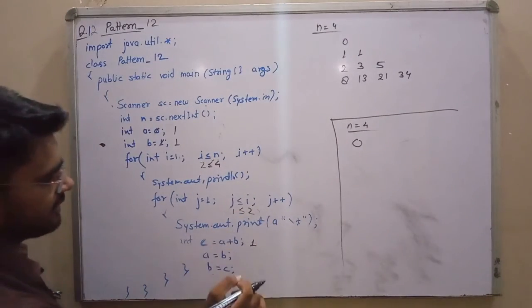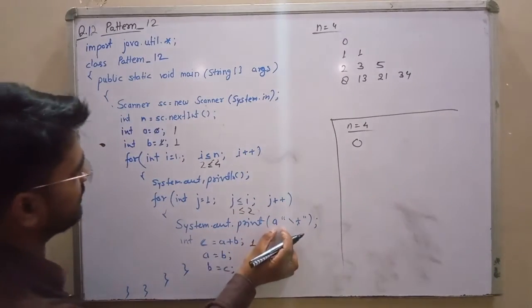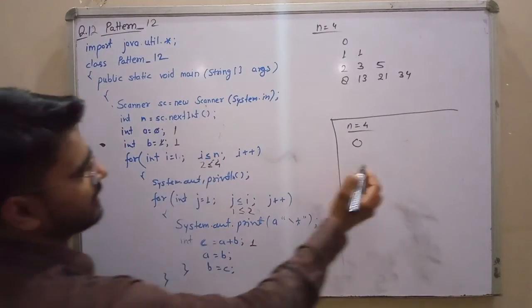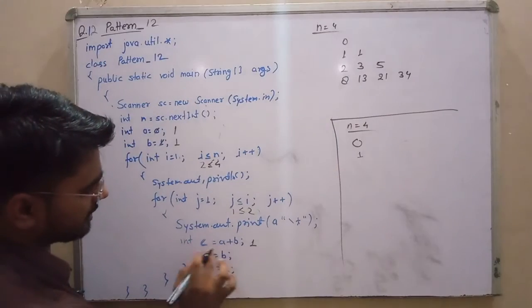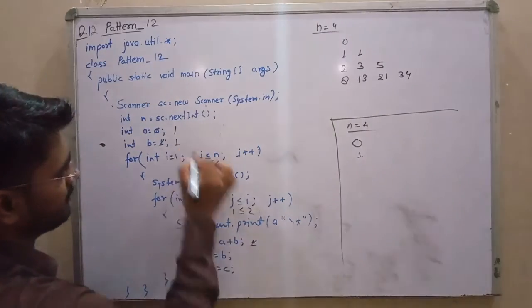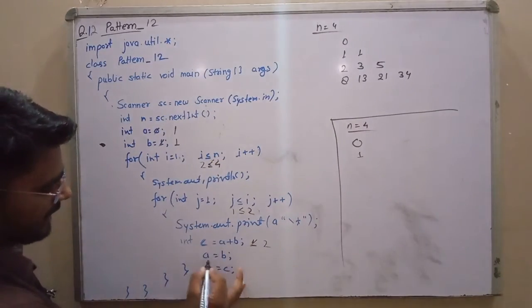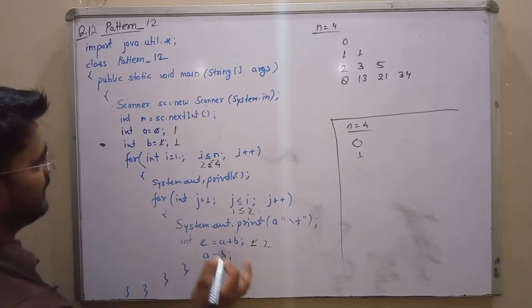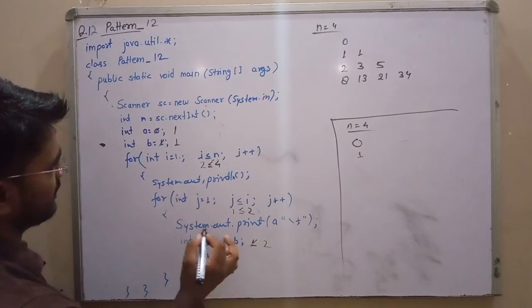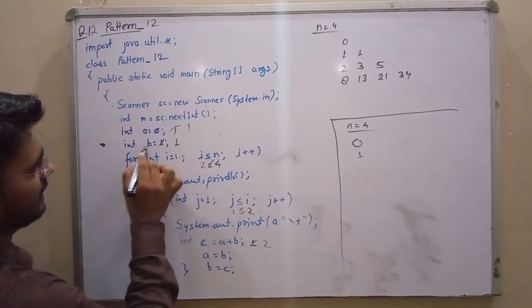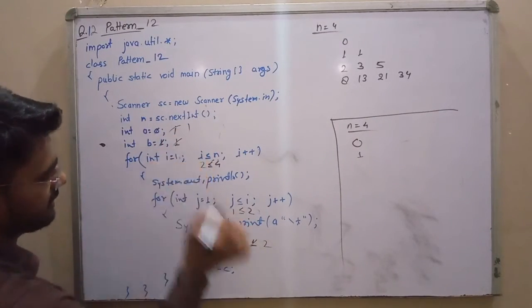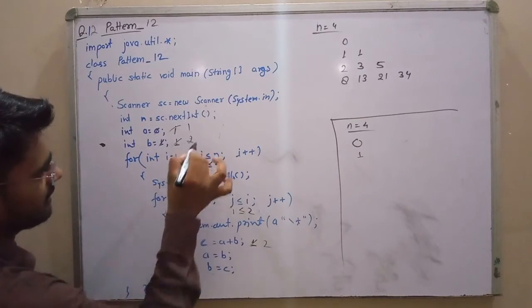Okay, condition is satisfied, so here print a again. The value of a is 1, so print 1. And again c is a plus b, 1 plus 1 is 2, and after this a equal to b, so b value is 1, so here again 1, and here c value is 2, and b loads 2.